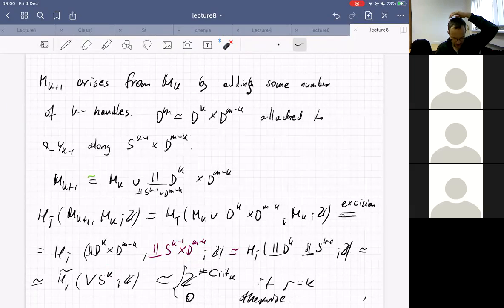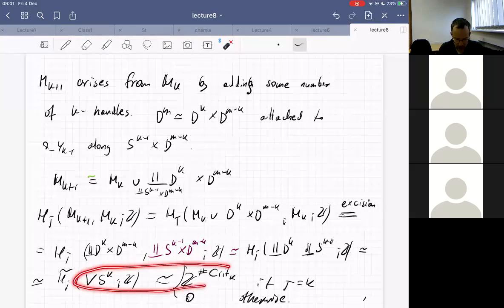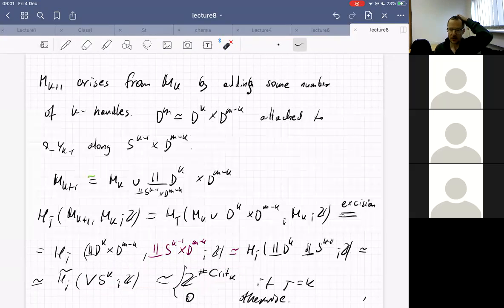And then here is the isomorphism, the homology of the sphere. You remember the homology of the sphere is Z in the top dimension, Z in dimension 0, but you use reduced homology, so you forget about dimension 0, and 0 otherwise.